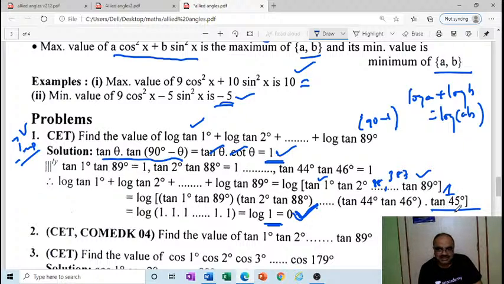So tan 45 is also 1. So 1 into 1 into 1 into 1 up to this. So it's all going to be 1. And log 1 is 0. Question is this big, you have such a small answer. That's the beauty of mathematics.